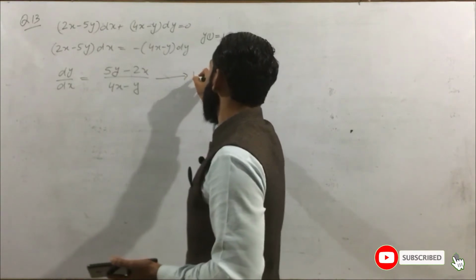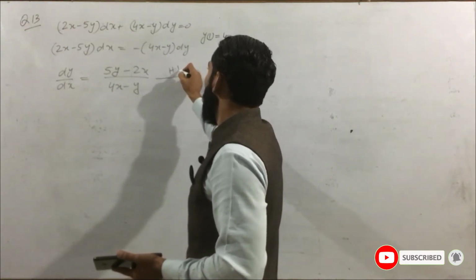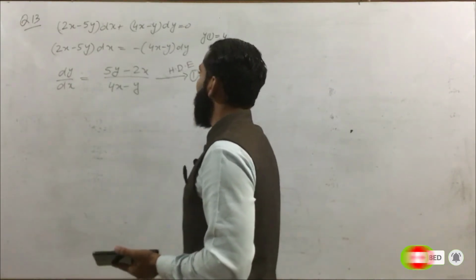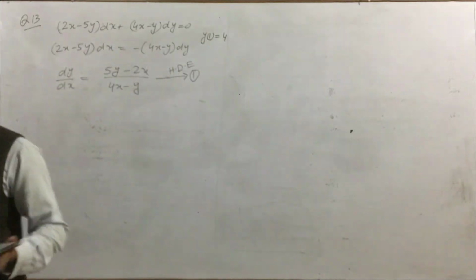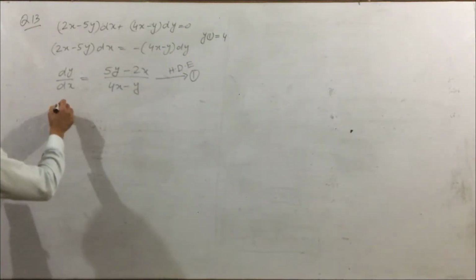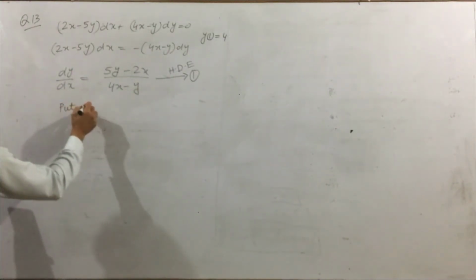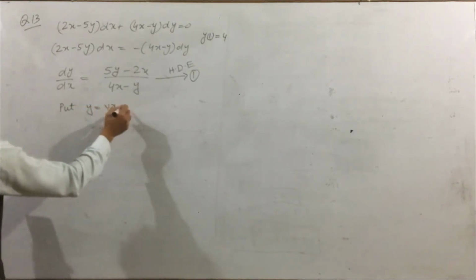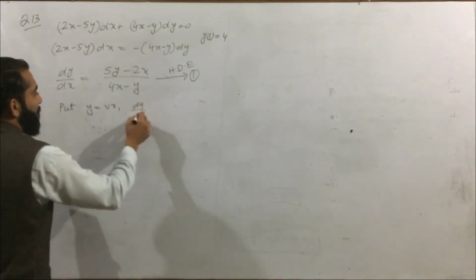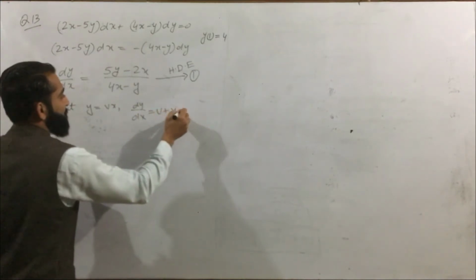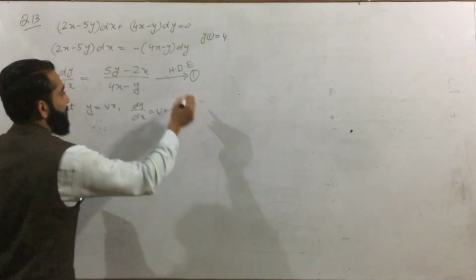So we can say that this equation is a homogeneous differential equation, and when we have a homogeneous differential equation, we can solve it by putting y is equal to vx and dy over dx is equal to v plus x dv over dx in equation number 1.